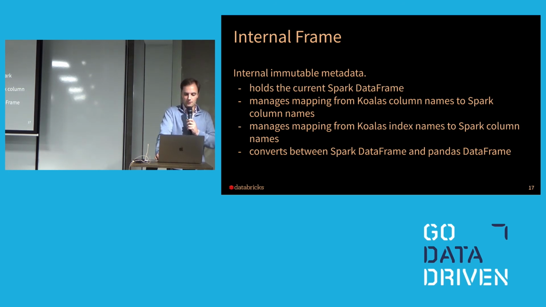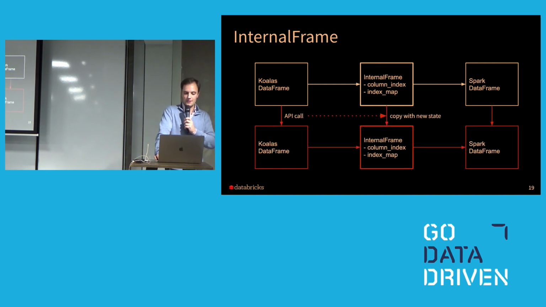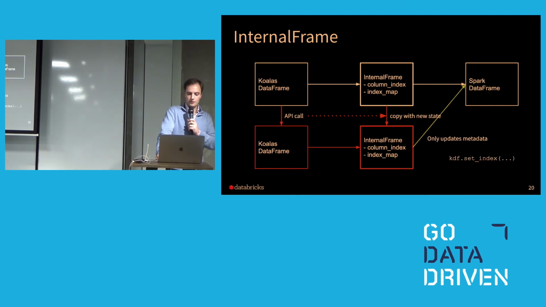What I mean by that is that the internal frame will refer to the names and, for example, which columns are indices inside your data frame, and then it will hold the Spark data frame. And when you do some API calls, you will typically get a new Koalas data frame, which will also create a new internal frame. What may happen, for example, when you set the index, is that it only updates the internal metadata. So it doesn't even create a new Spark data frame.